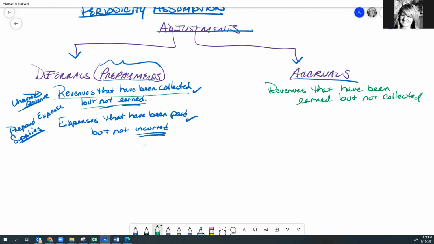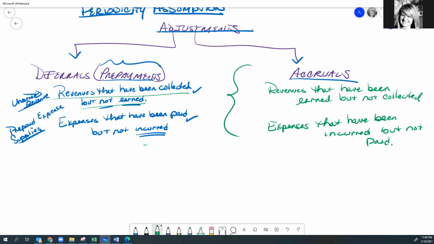If we're talking about expenses, we have expenses that have been incurred but not paid.